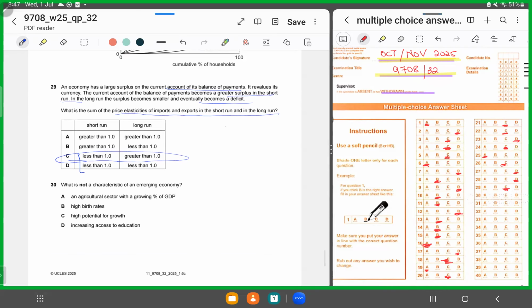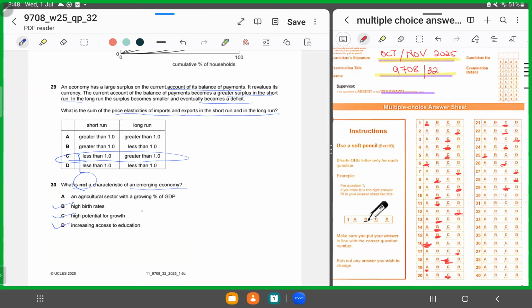Last MCQ. What is not a characteristic of an emerging economy? An emerging economy is an economy moving from developing to developed. So when it is moving from developing to developed, it is moving away from agriculture to tertiary and manufacturing. So it would have higher birth rates, higher potential for growth, and higher access to education.